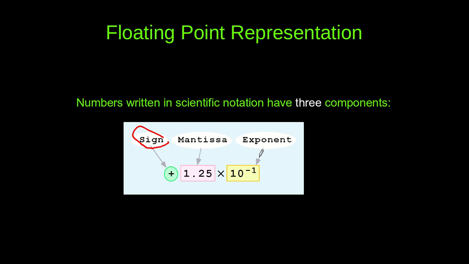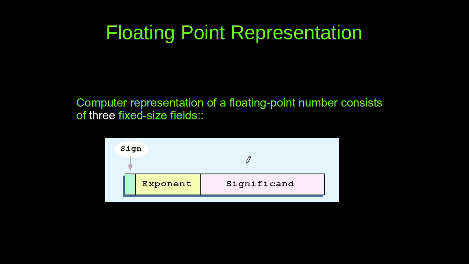That's why we need scientific notation, so we can represent it to the computer. Computer representation of a floating point number consists of 3 fixed sized fields: sign, exponent, and significand or mantissa. We assign a number of bits for each one.